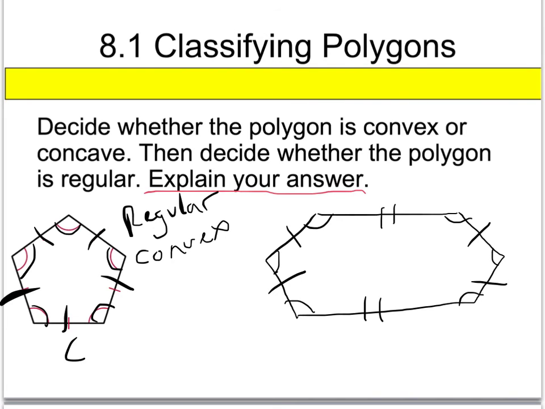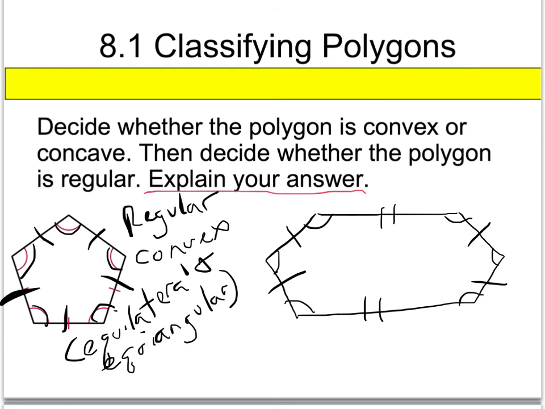Well, we know that it is an equilateral shape, and it is equiangular. Okay, so right there I have my answer to is it regular or not, is it concave or convex, and I have my explanation. Those three parts of the answers I want to see.